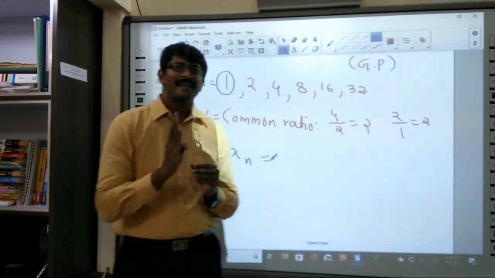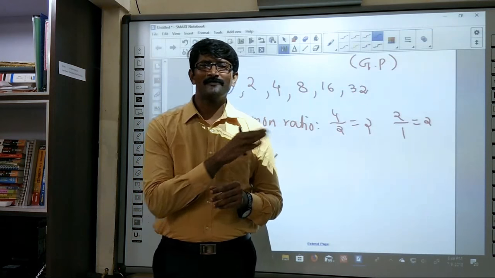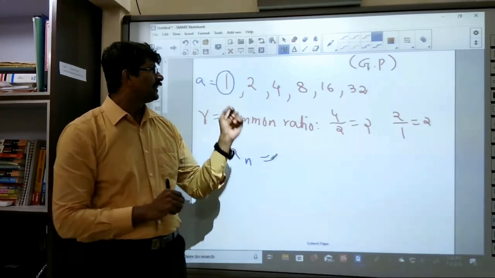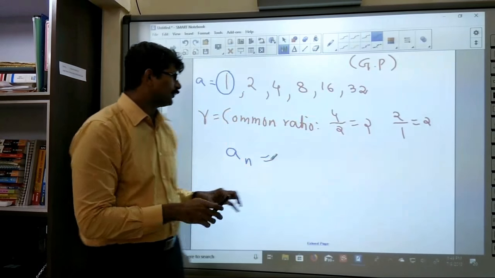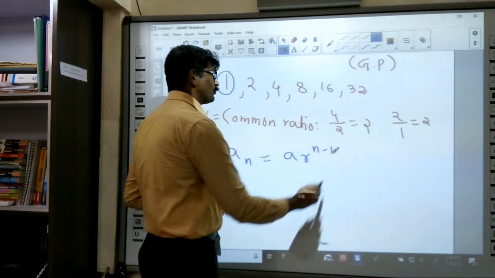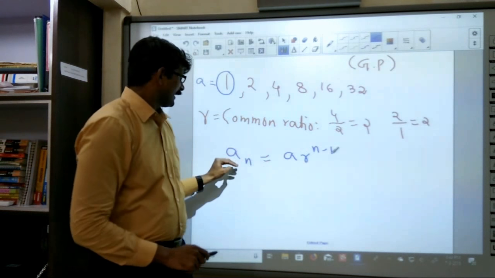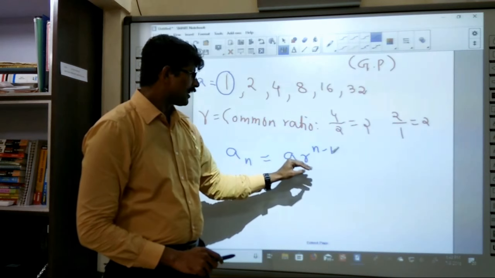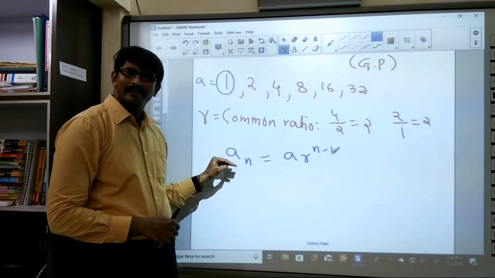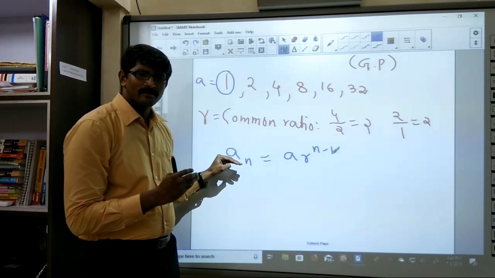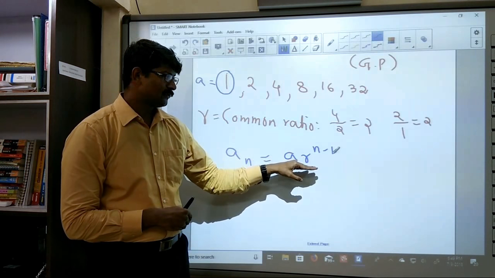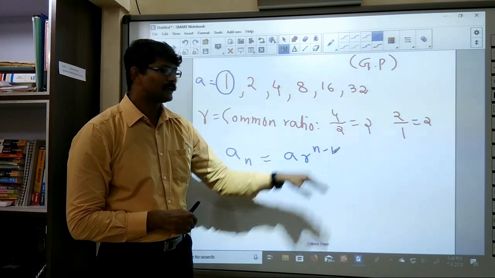It was a plus (n minus 1) into d. Like that, an in geometric progression is a r raised to the power n minus 1. That is, the nth term of a geometric progression is the first term into the common ratio raised to the power n minus 1.